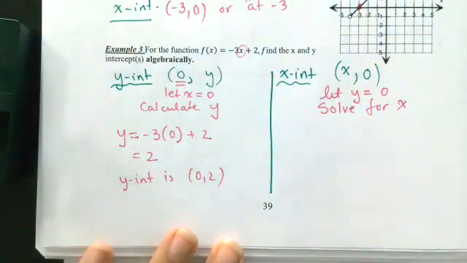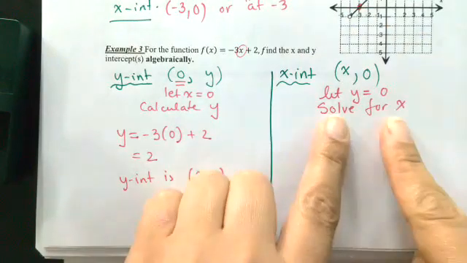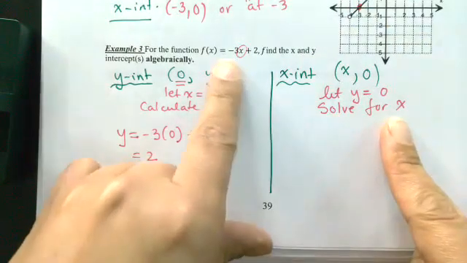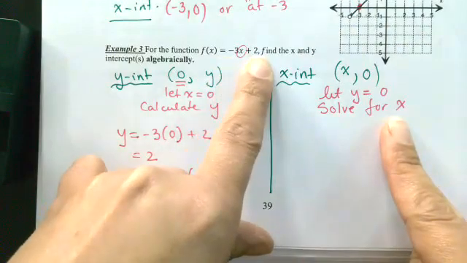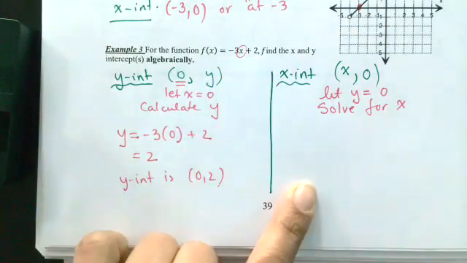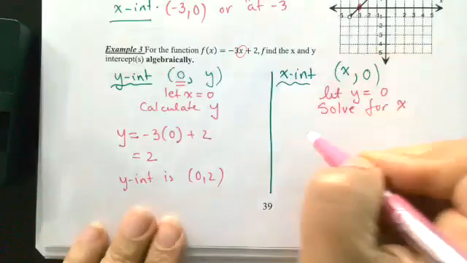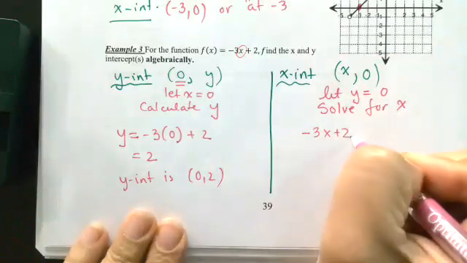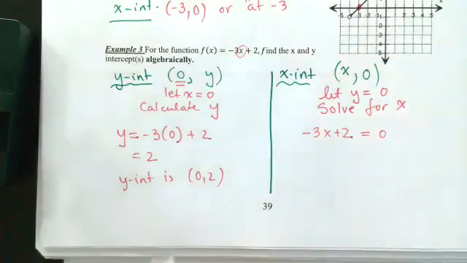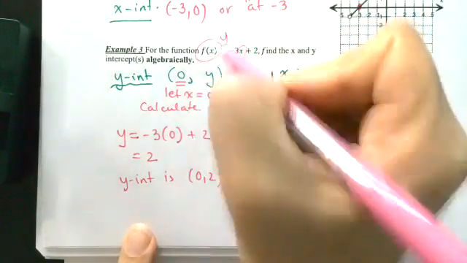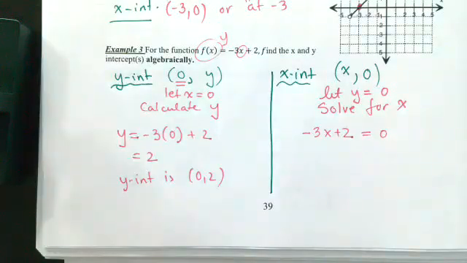You have to work backwards to find those x's. So I'm doing what I said I'm going to do. I put negative 3x plus 2, let it equal to 0 and solve for x. This is my y, right? The f of x notation is y. Clear?